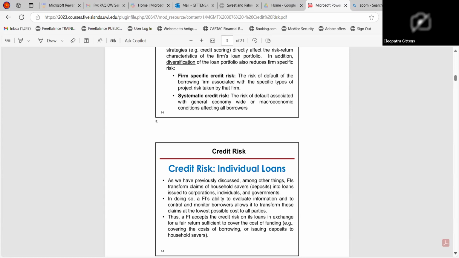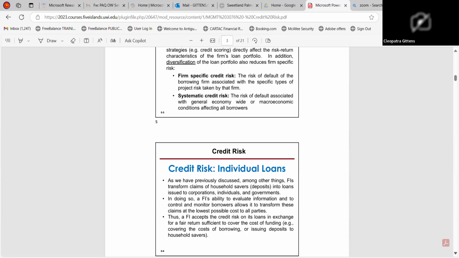What it does is assess all of the information it has on the individual or the company or the government in order to help it issue a loan with the lowest possible risk, right?